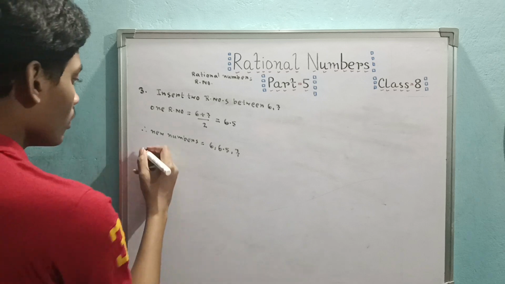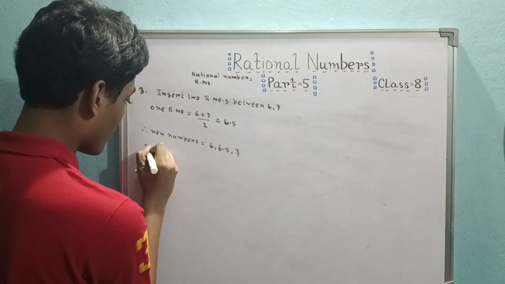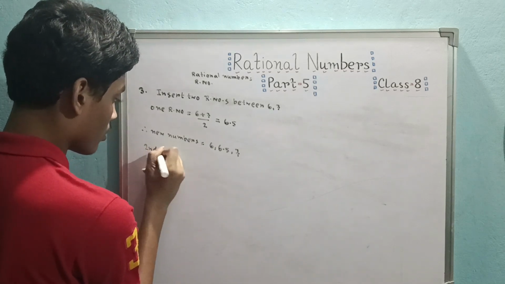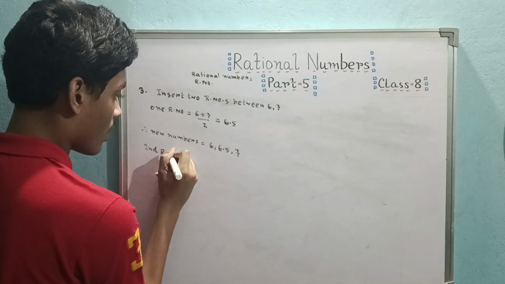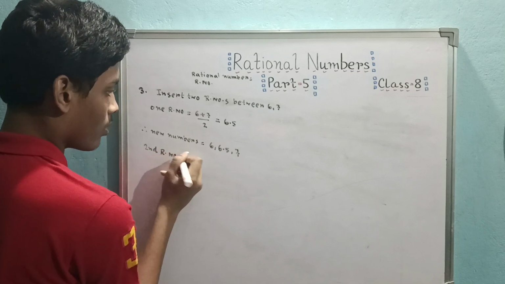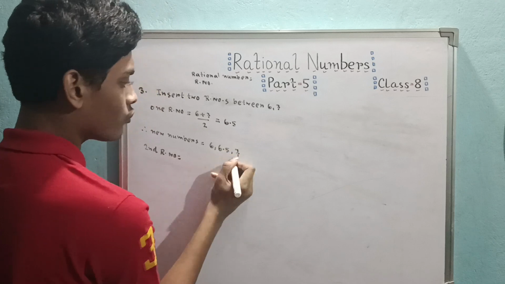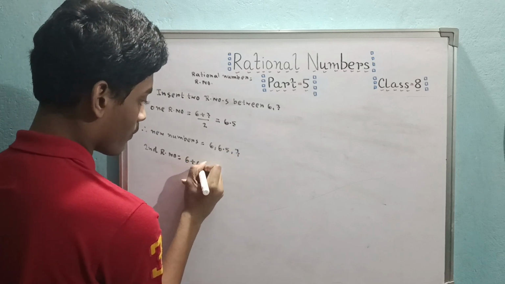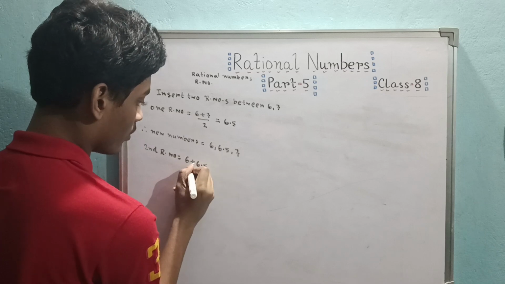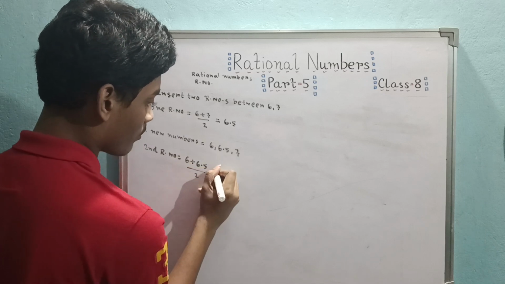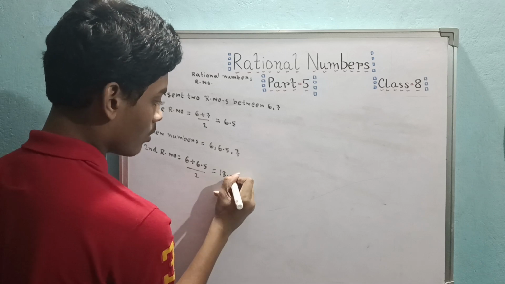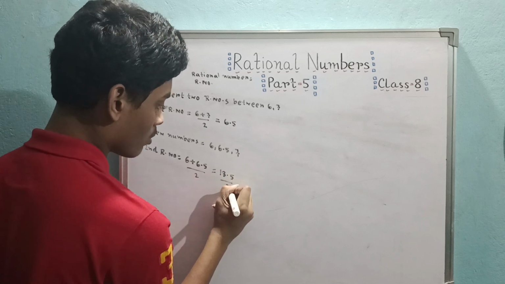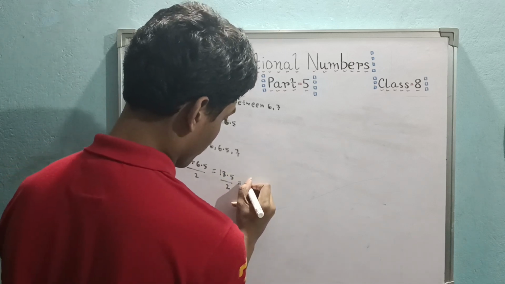Now the second R number equals the sum of these two by 2. 6 plus 6.5 by 2 equal to 13.5 by 2, which is equal to 6.75.